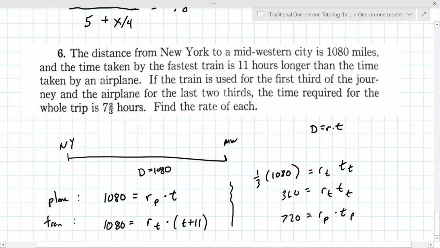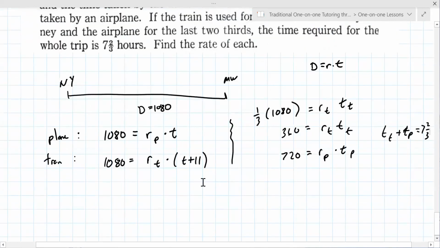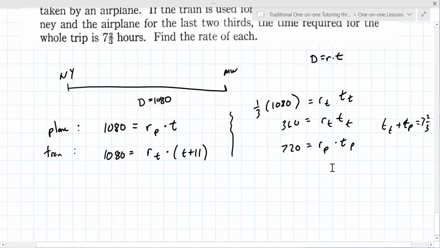But here, they tell you the total time. They tell you that T_T plus T_P is 7 2/3. So you have equations here, right? This one isn't as nice and elegant as the previous one.